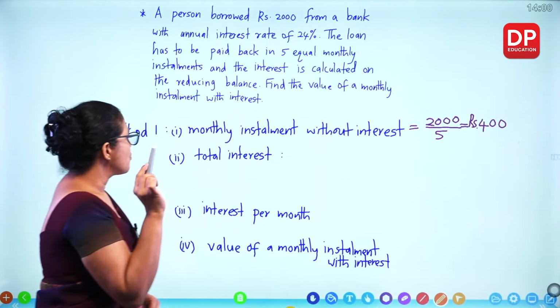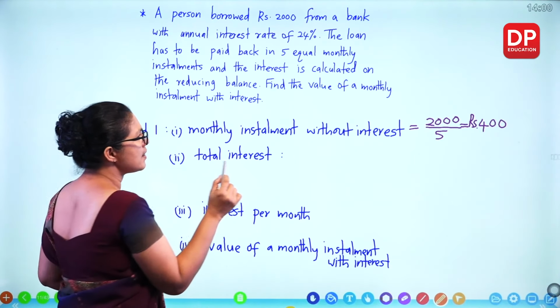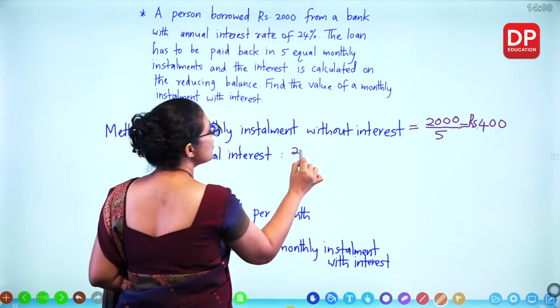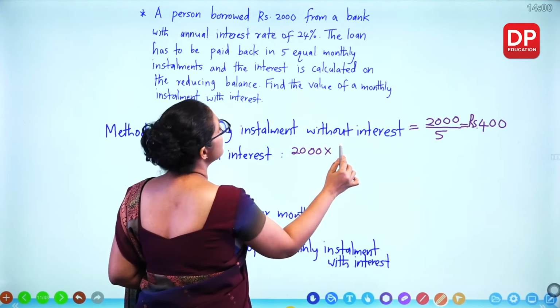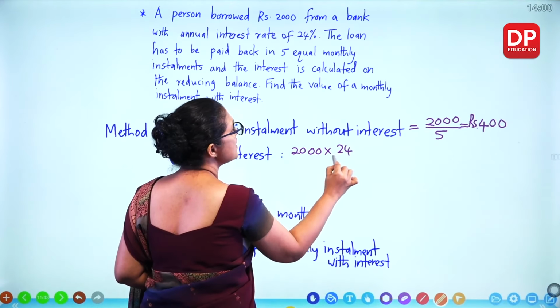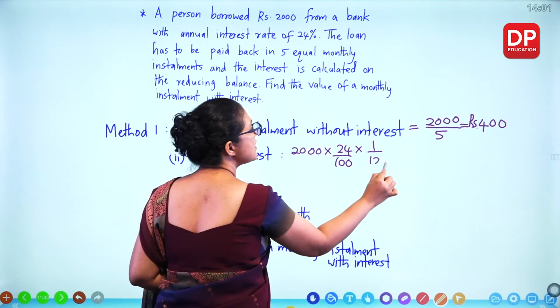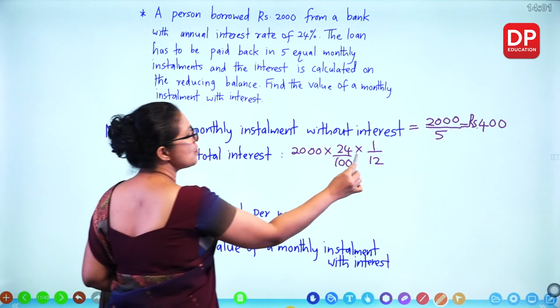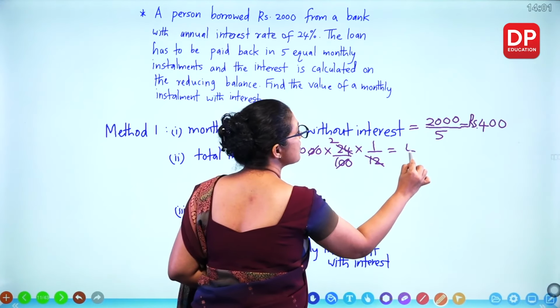That's without interest. So how do you calculate the total interest? First month, for 2000, the interest rate is 24%. This is annual, so monthly you have to divide this by 12. So you get 40 rupees.